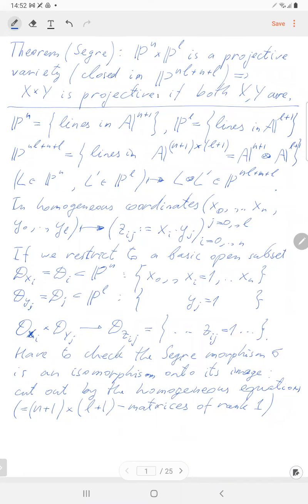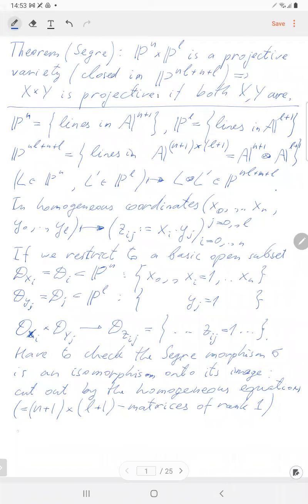If you take one vector, imagine it's a row vector, and another vector, imagine it's a column vector, and then take their scalar product, their tensor product, then the resulting tensor is rank 1. All the columns are proportional to each other, and all the rows are proportional to each other. So the rank is 1, meaning that all the 2 by 2 minors are equal to 0.